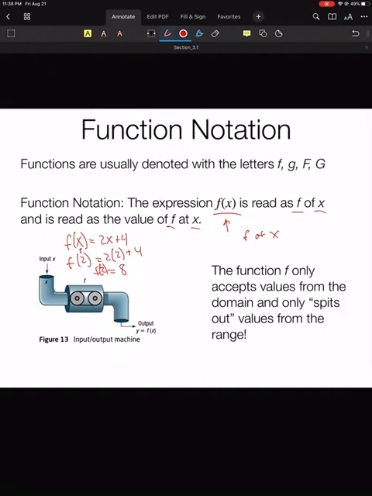When I'm saying the value of f, I'm evaluating it at a specific value of x, which in this case is 2. Hopefully that makes a little bit of sense.